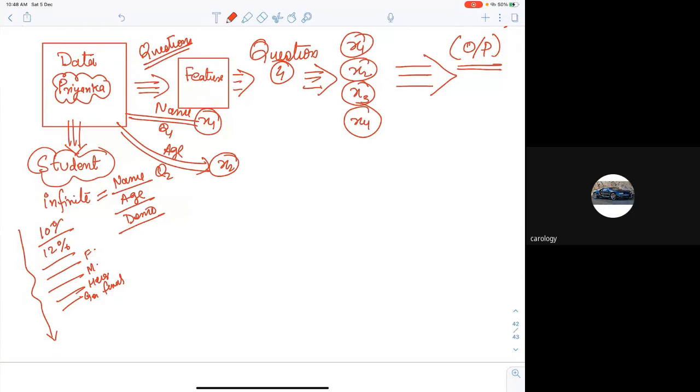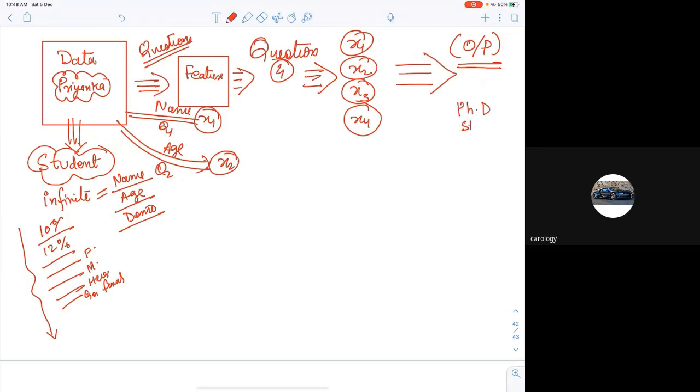Then if I ask the name or age or male or female or father's name or other questions, they are irrelevant. I need to ask, what's your 10th percent? Maybe, do you know Python? Maybe, how good are you in linear algebra?